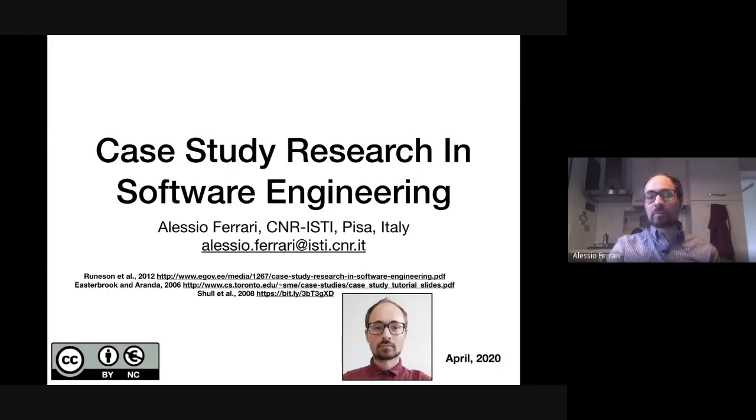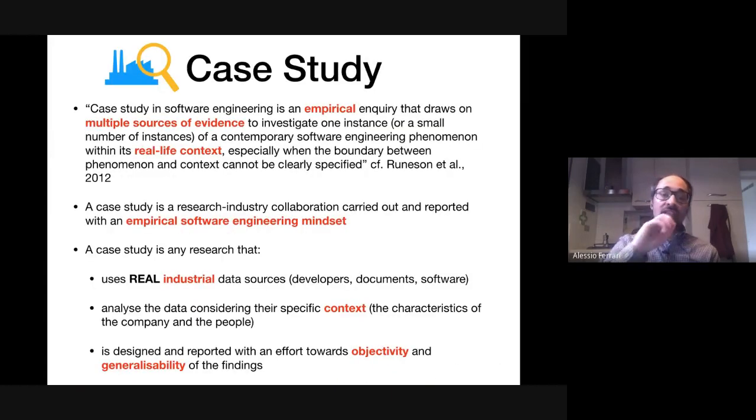If you want more accurate information, please refer to these books and slides, because my slides are built based on those papers and slides.